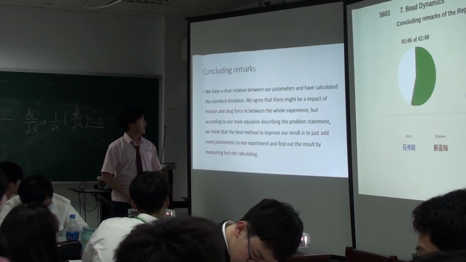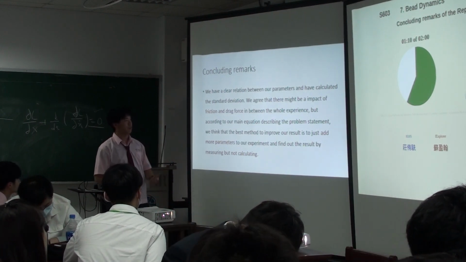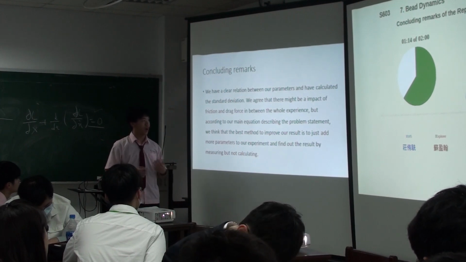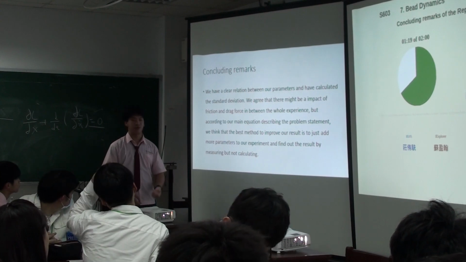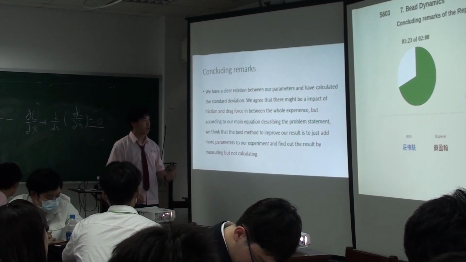Okay, and so to conclude my concluding remarks, we have a clear relation between our parameters and have calculated the standard deviation. We agree that there might be an impact from friction and drag force, which our opponent and we have stated throughout the whole experiment.